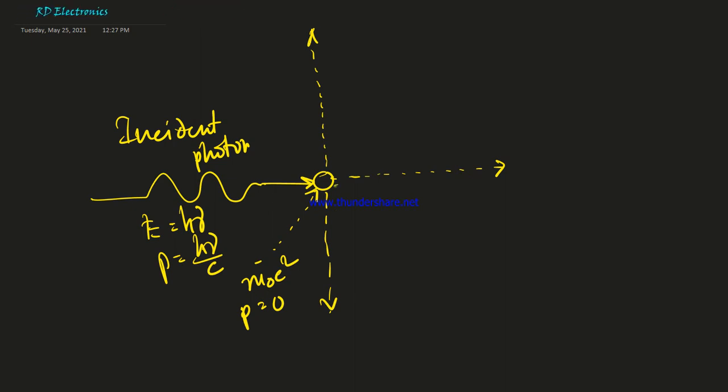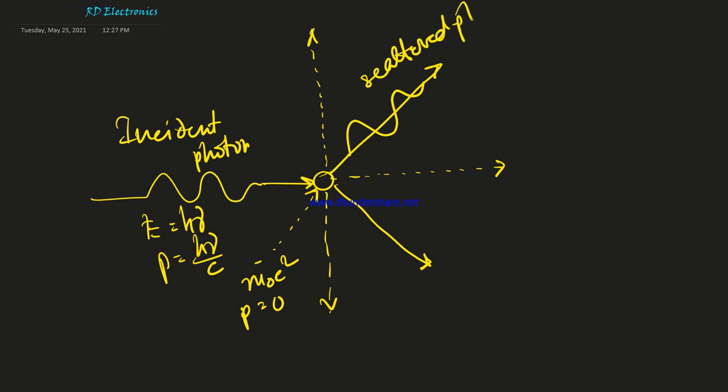So now after hitting the molybdenum, it emits two parts. Number one is the scattered photon, whose energy equals h nu dash and momentum P equals h nu dash by c. And here the energy equals mc square.